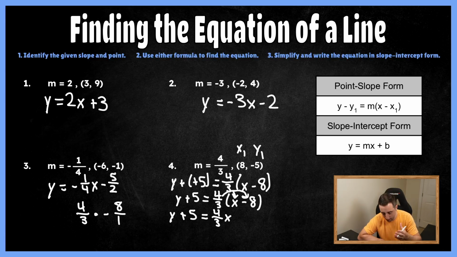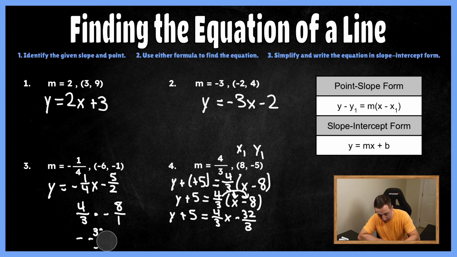Well, 4 and 1, the largest number that they're both divisible by is 1, so that's not going to change anything. And same with 8 and 3. So we can't do anything besides multiply our numerators and our denominators together. So 4 times 8 is going to be 32. 3 times 1 is going to be 3, and we had a positive fraction times a negative fraction, making all of this negative. So this is going to be minus 32 over 3.